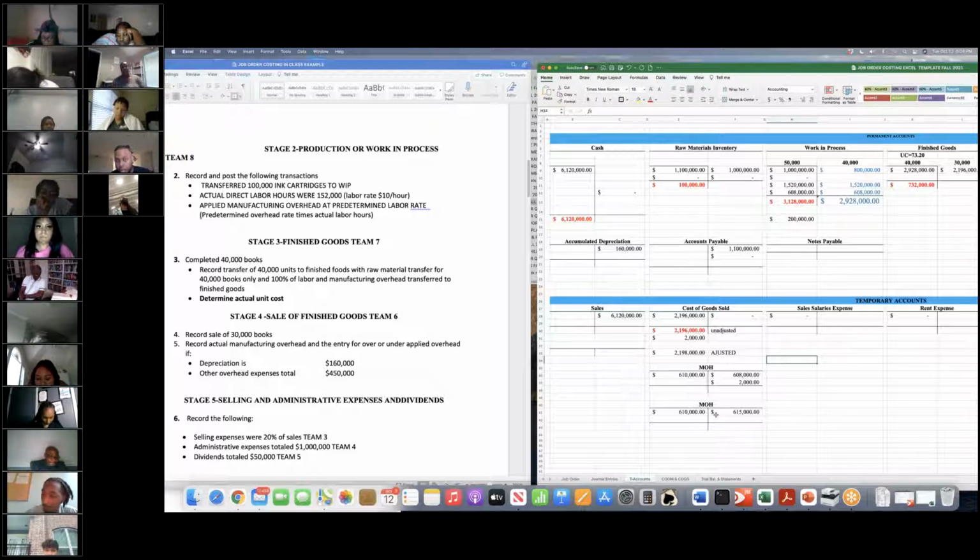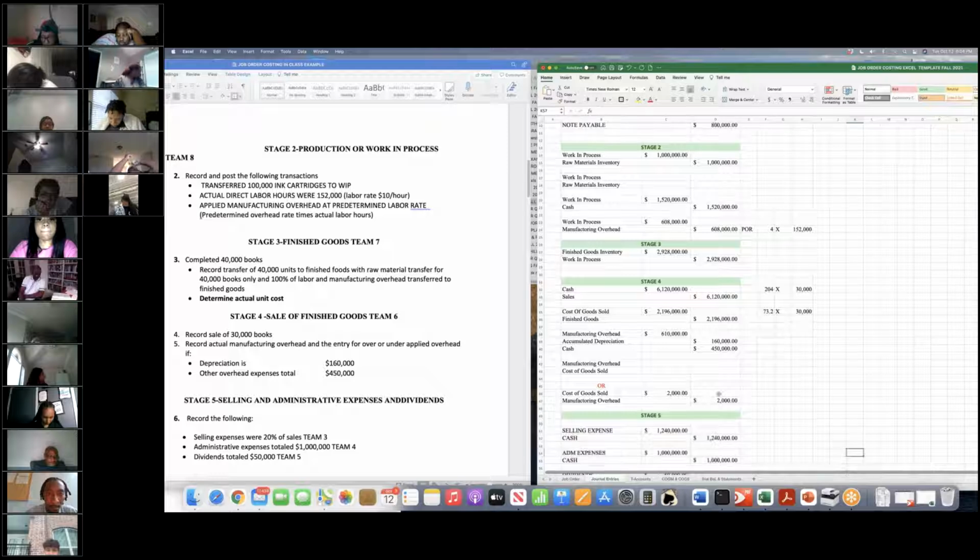And we said if we had estimated 615, then the accounts would be reversed. So if we had estimated 615 and it was 610, then we would be in that reverse situation down here, where we debit manufacturing overhead and credit cost of goods sold.